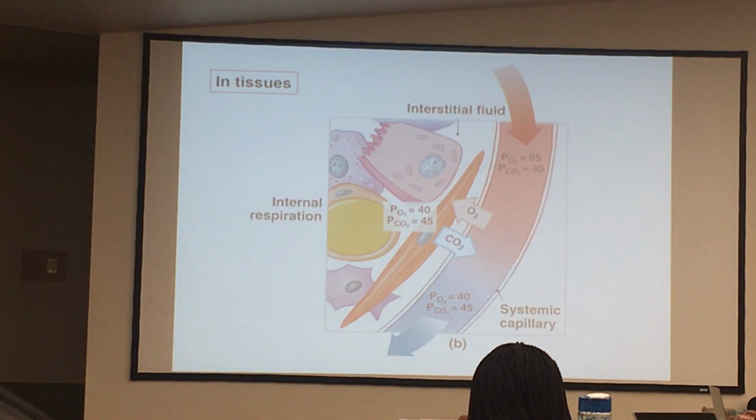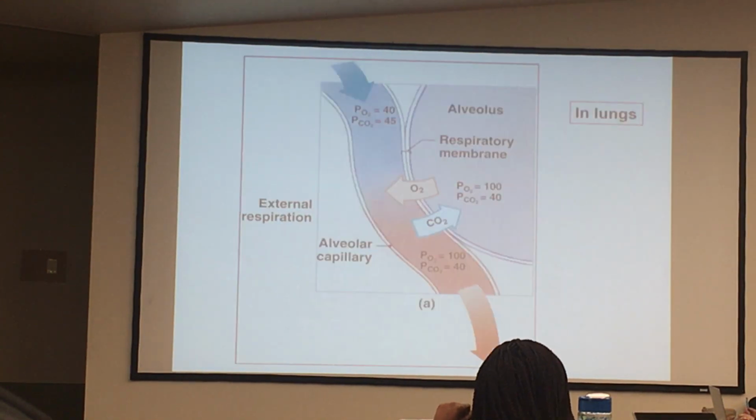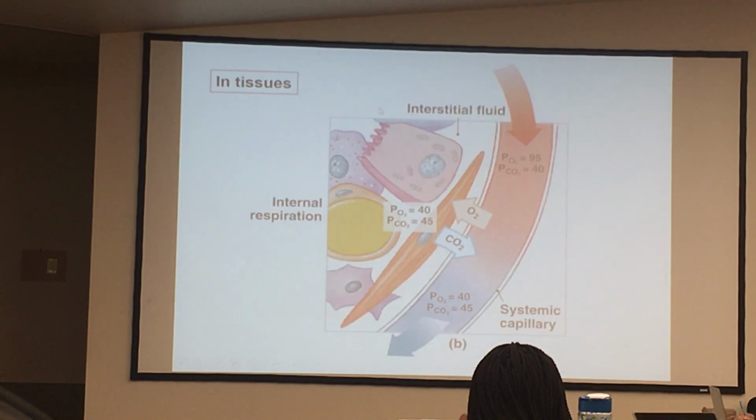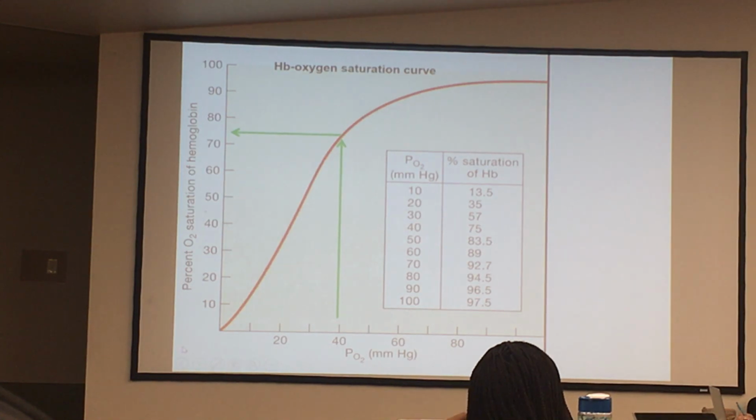Okay. Let's go back to here. You always have to know this term: oxygen in the blood is roughly 100, and when it returns it is 40. So we make a curve starting from the right side.